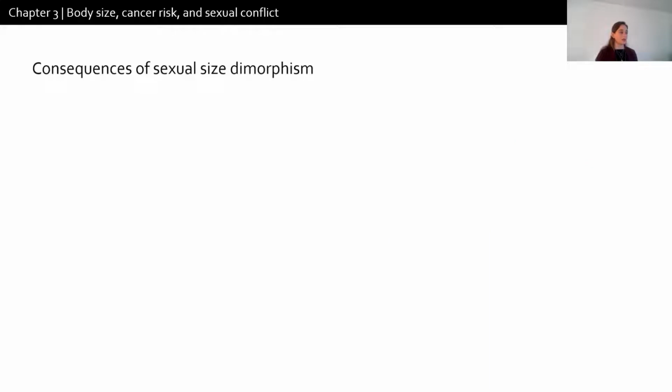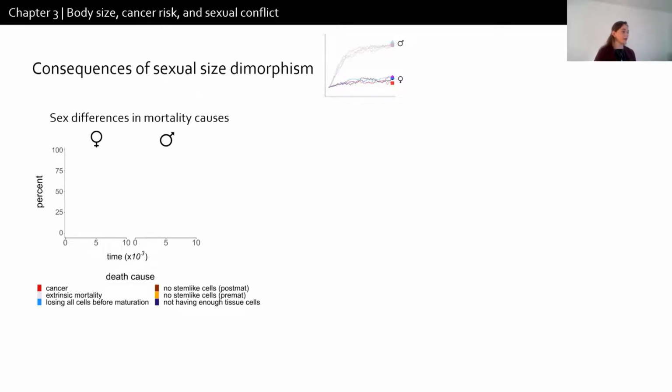So what are the consequences of this sexual size dimorphism? Just to remind you, this is how the size trajectories look. And now I will show you the sex differences in mortality causes. On the x-axis we have time again, and on the y-axis, the percentage of different death causes. These mortality causes are related to stem cell management and somatic maintenance, as I mentioned before, but also cancer and extrinsic mortality.